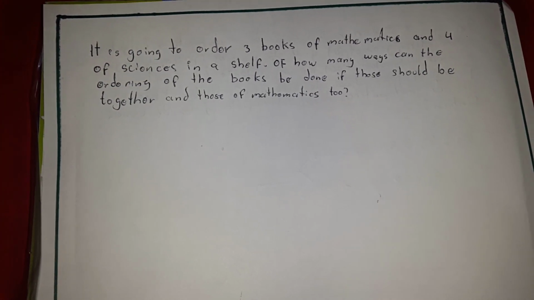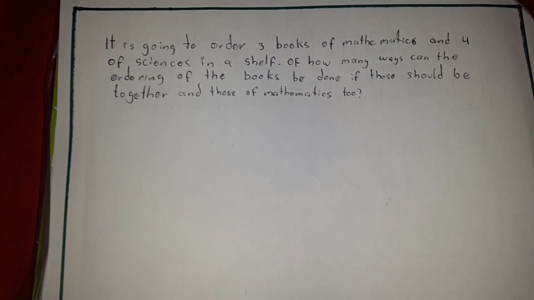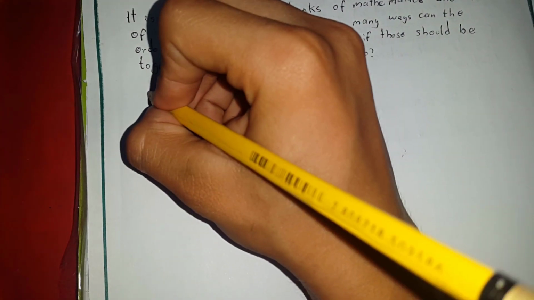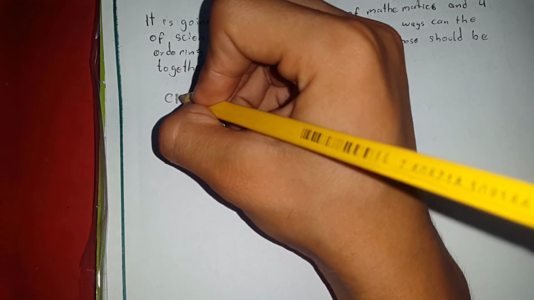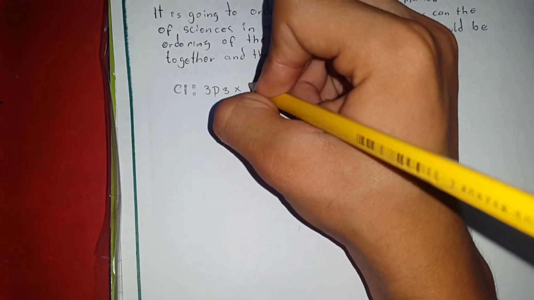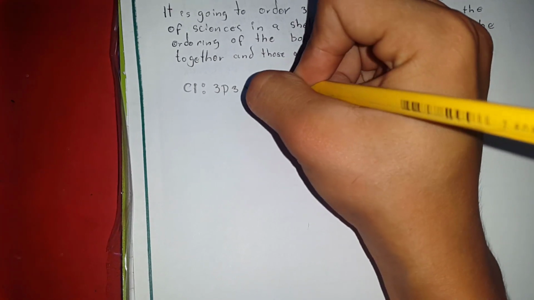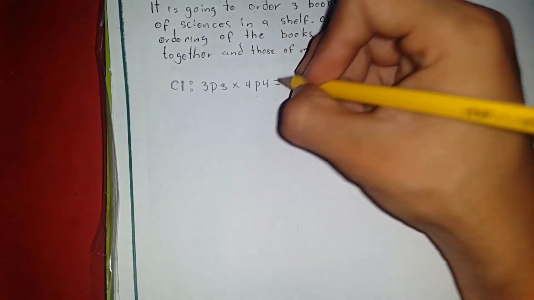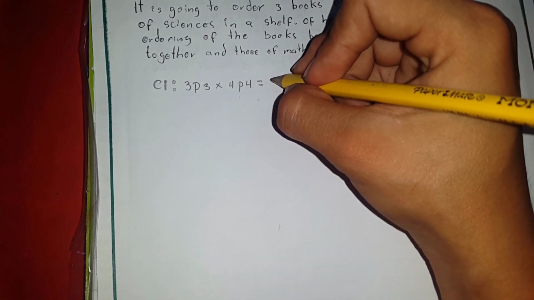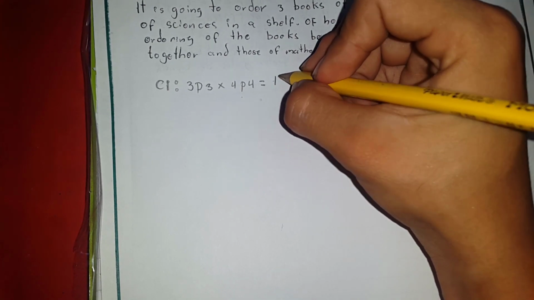In the first case, the math books will go first, and then the science. This will give the following multiplication, which results in 144.